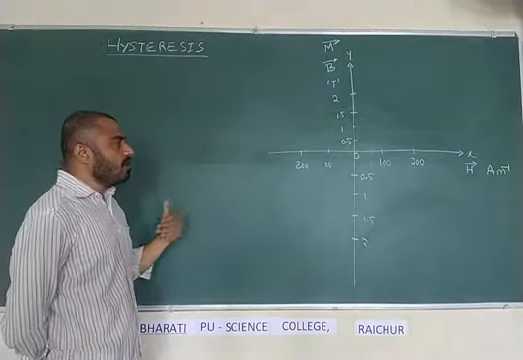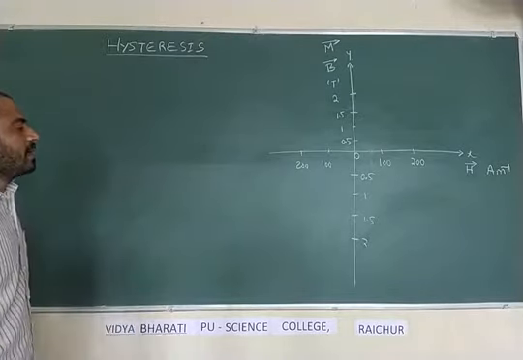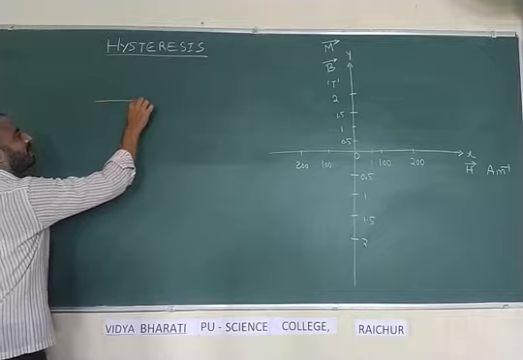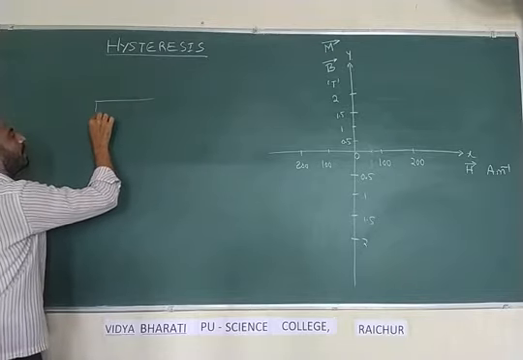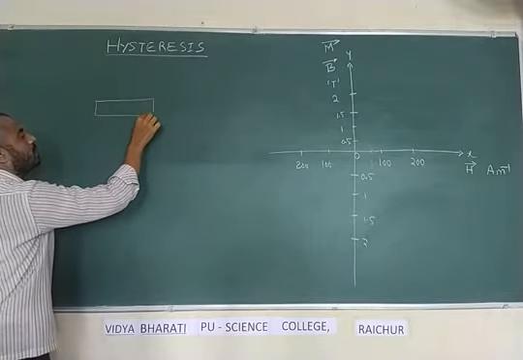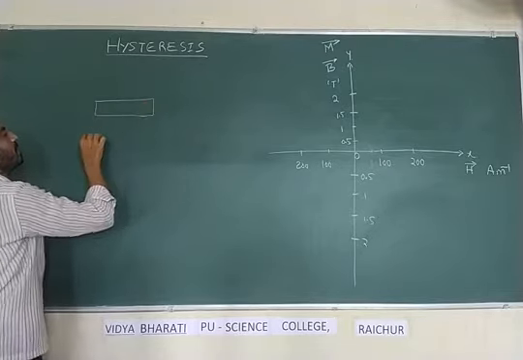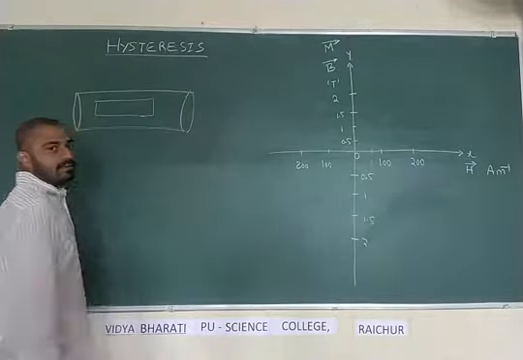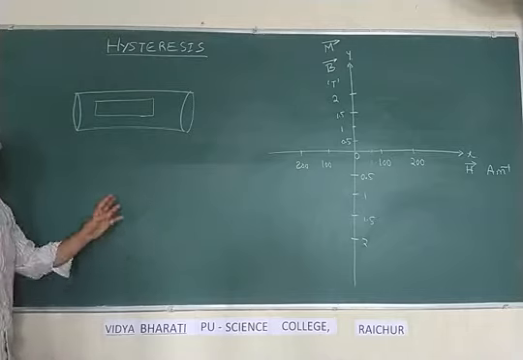Now, if we want to magnetize ferromagnetic materials, what can we do? That ferromagnetic material, suppose an iron bar or iron rod, has to be kept inside a current carrying solenoid. This is how we can magnetize the ferromagnetic material scientifically.